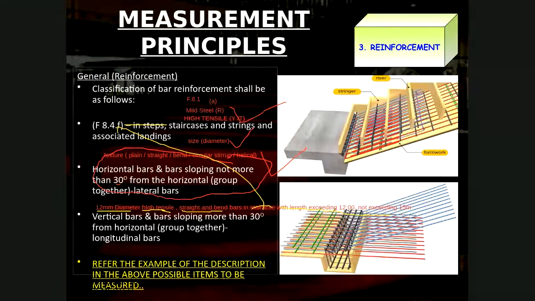SMM also highlights the category where, if you have a vertical bar that is sloping more than 30 degree from horizontal, you have to also write in this category. But vertical bar here may not be applicable for the staircase because this normally refers to the raking bored pile.